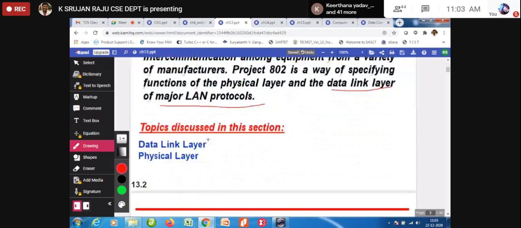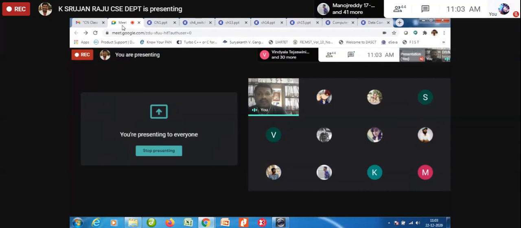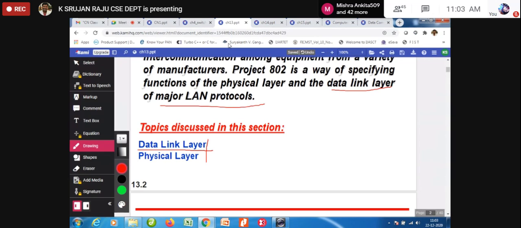Now when you look at the OSI model, everything is divided into the physical layer and then the MAC sublayer. So the data link layer is subdivided into two parts: one is LLC and the other is MAC, medium access control.